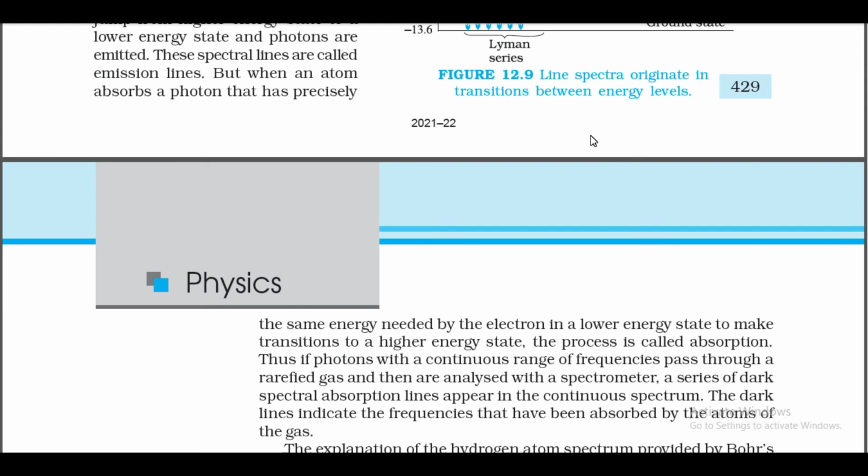Thus, if photons with a continuous range of frequencies pass through a rarefied gas and then are analyzed with a spectrometer, a series of dark spectral absorption lines appear in the continuous spectrum. The dark lines indicate the frequencies that have been absorbed by the atoms of the gas.